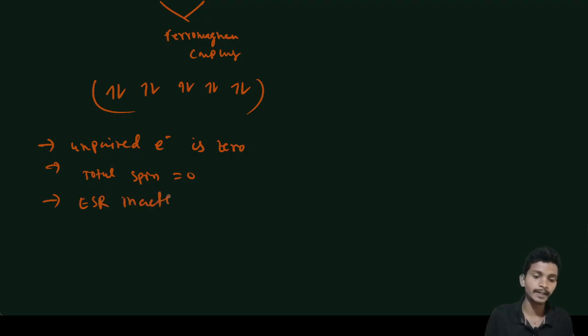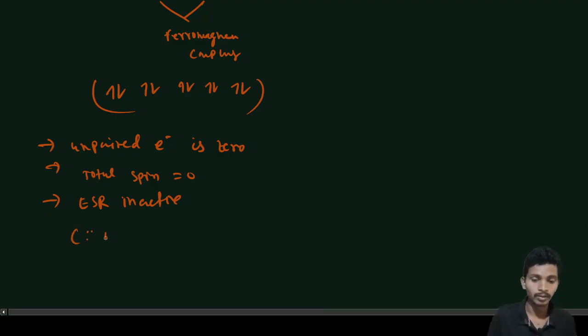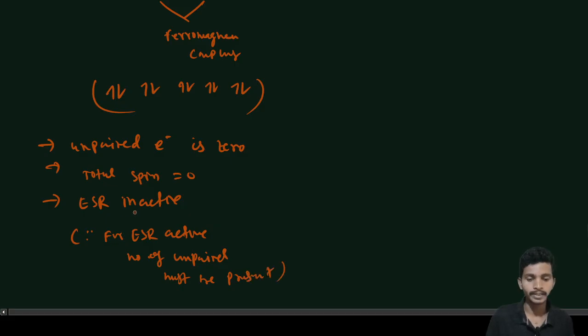For ESR active, the number of unpaired electrons must be present. So here the number of unpaired electrons is 0, so ESR inactive.